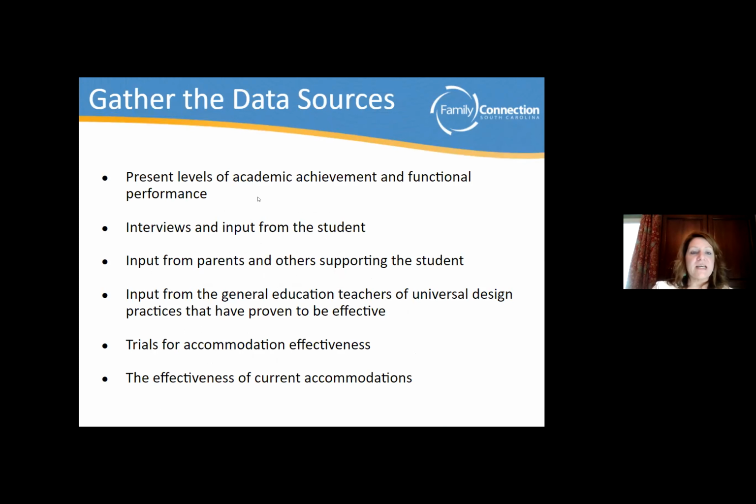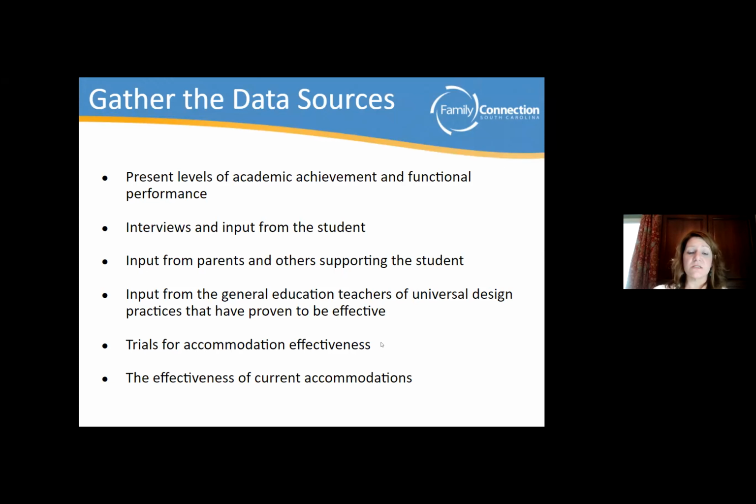So gathering data, we definitely want to look through present levels of academic achievement and functional performance, getting input through interview with the student, as well as the parents and anyone else supporting the student, input from general education teachers about what they've seen to be really effective in their classrooms, and also incorporating gathering data from trials of accommodation effectiveness.